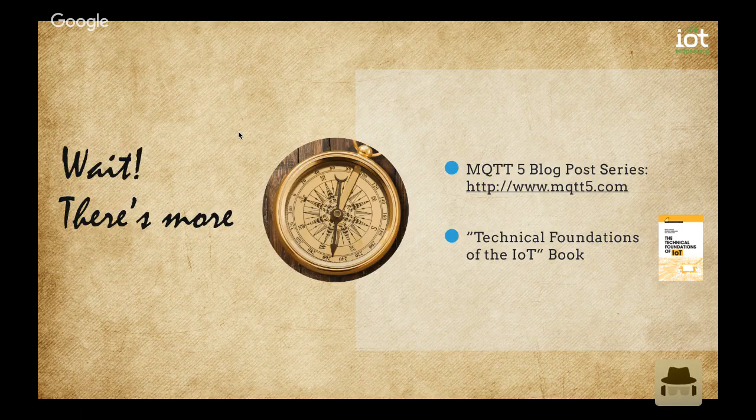It just started, and each of these features we talked about here will get an in-depth blog post with all the technical nitty-gritties. If you're familiar with the MQTT Essentials, this will be essentially the MQTT 5 Essentials. And also, if you're interested in IoT, there's a book which I co-authored, with a broader scope, the technical foundations of IoT, which also has some information about MQTT and other IoT protocols.